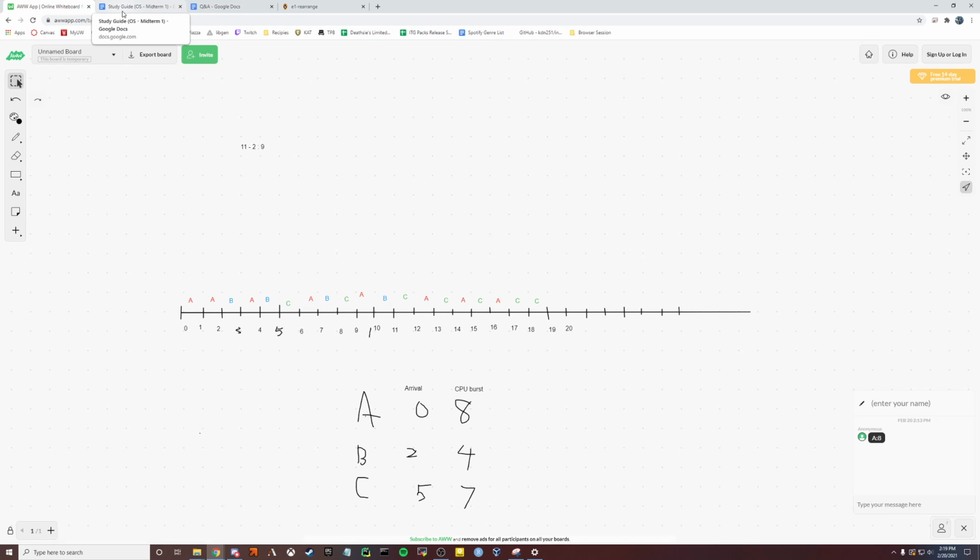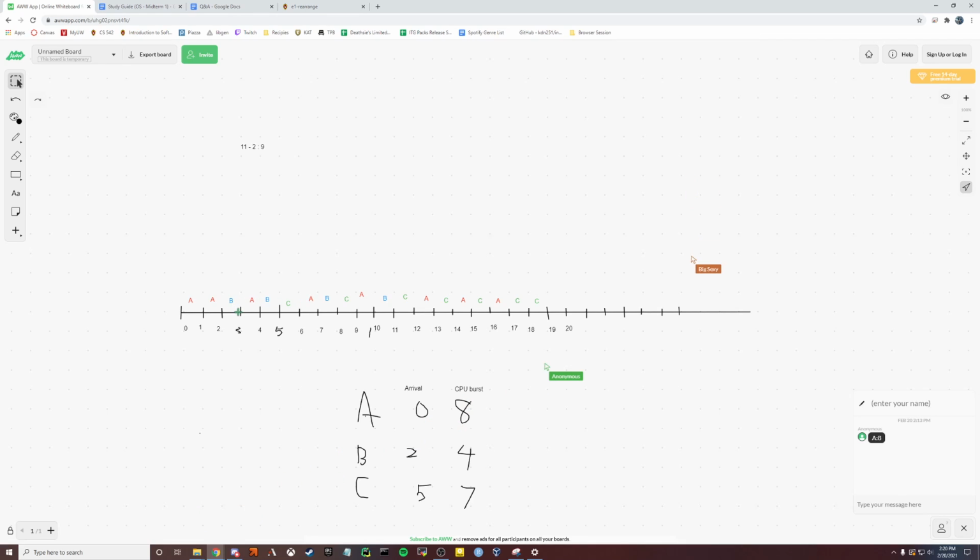Oh wait, no, because it's the shortest job, it just gets to run until it's done. It arrives at second 2 and goes for 4 seconds, so it would finish at 6, and 6 minus 2 is 4.